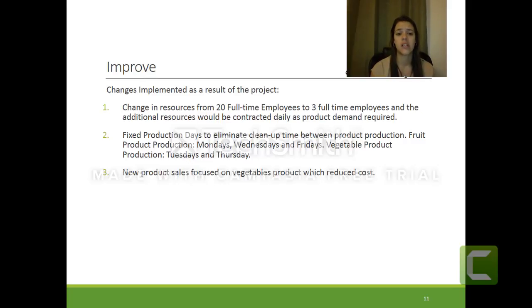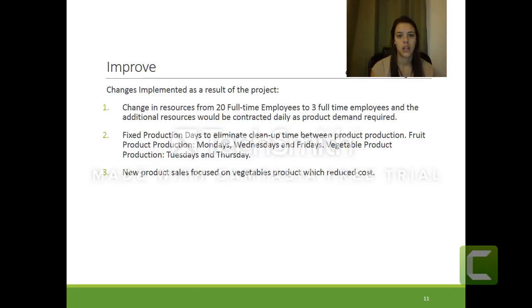In addition to this, we fixed production dates to eliminate cleanup between products. What was typically being done is that we had multiple products being made in a day, and between vegetable and fruit products there needed to be a cleaning process of approximately 30 minutes. This was fixed by producing fruits on Mondays, Wednesdays, and Fridays, since their shelf life is shorter, so they would be fresher once distributed, and vegetable products on Tuesdays and Thursdays because they have a longer shelf life.